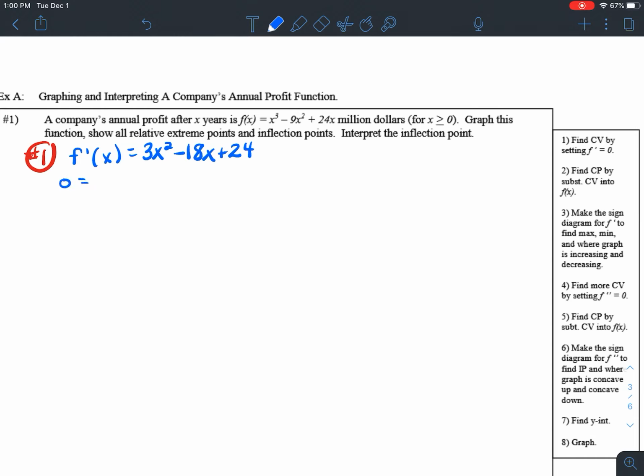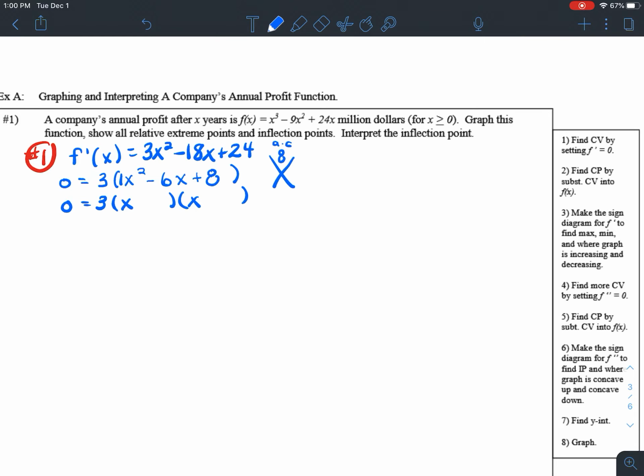We're then going to set that equal to 0, and I'm going to factor my derivative. I'm going to check for a GCF first. It looks like there's a 3 that we could remove from each of our terms. Now we want to look at what we have left and see if there's any way we can factor this trinomial further. Remember, if your lead coefficient is a 1, we can factor this by just making 2 sets of parentheses, x here and here.